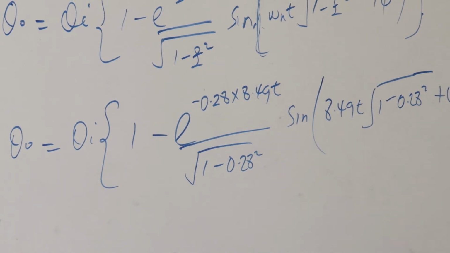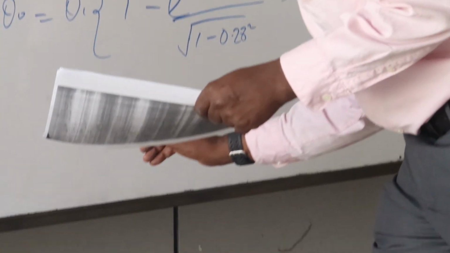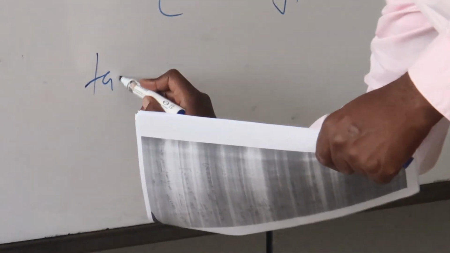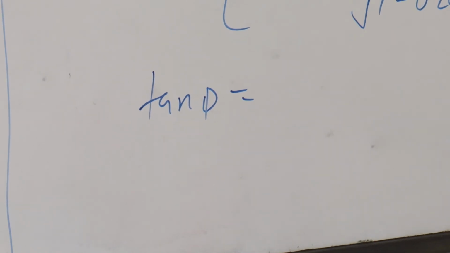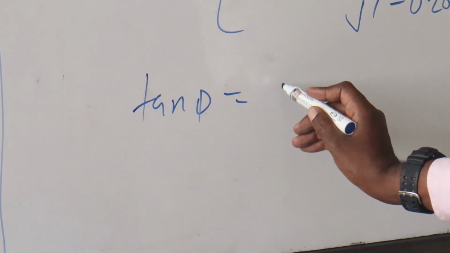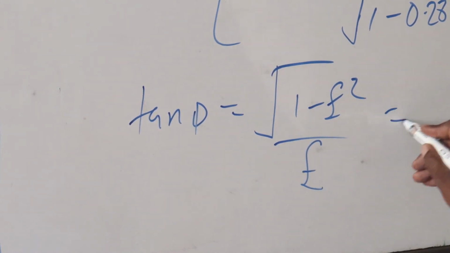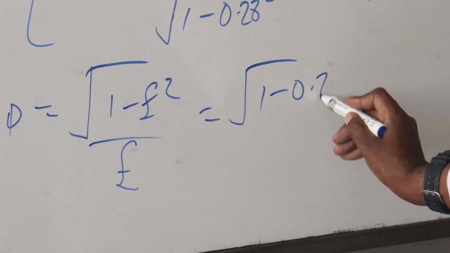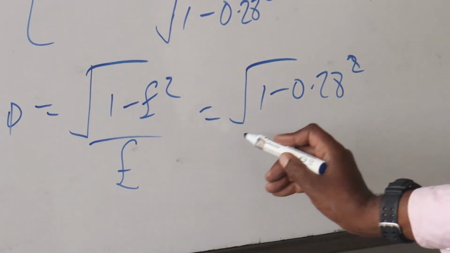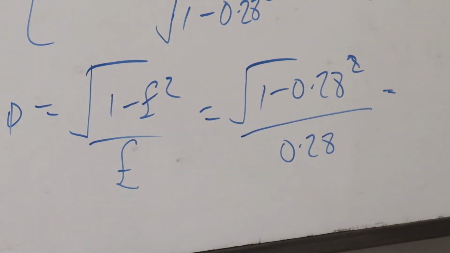When you talk about the value of phi, tan phi will be given by root of 1 minus zeta squared all over zeta, which if we evaluate is root of 1 minus 0.28 squared all over 0.28.